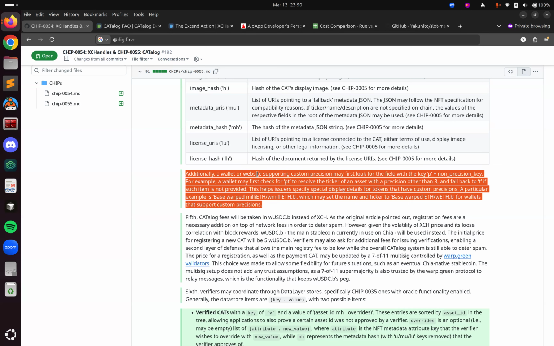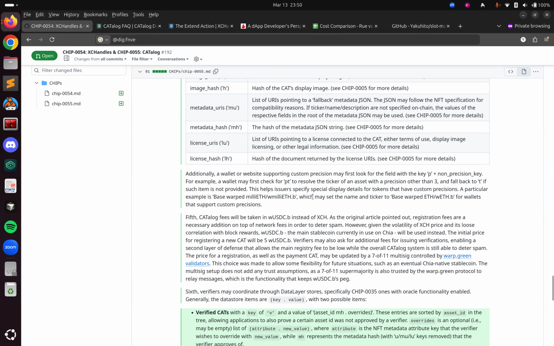If you have less decimals, it gets less expensive, but then you have less precision when dealing with a cat. So by adding an optional field that defaults to 3, cat issuers now have the ability to find the precision that has the perfect trade-off for them.